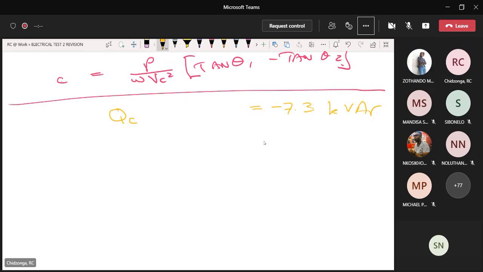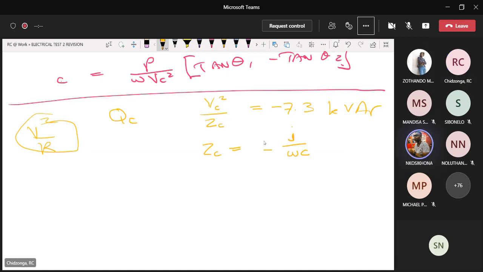Are you with me? Now we know that power in a resistor is V squared over R. Power in a capacitor is the capacitive voltage squared over capacitive impedance. Just like here. But capacitive impedance is minus j over omega C. This is capacitive impedance. Are you with me?